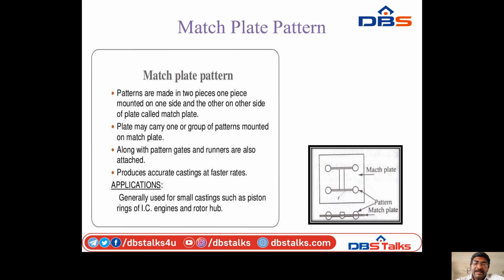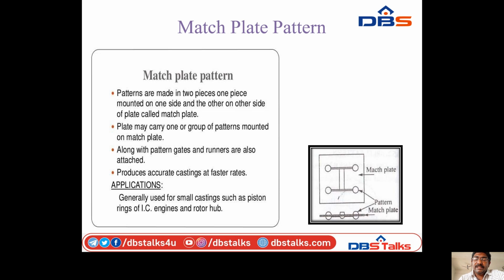Next, match plate pattern. When small castings are to be produced in large quantity, a match plate pattern is used. On one side of the match plate the cope pattern is prepared and on the other the drag pattern.